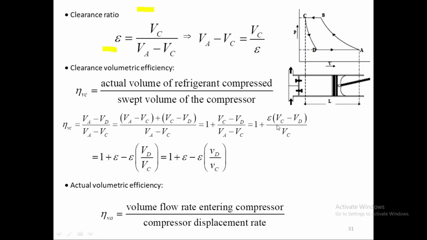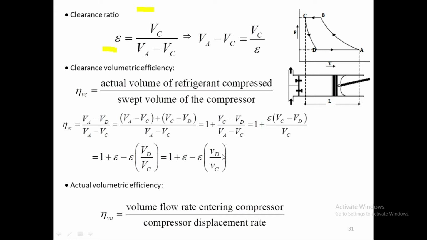We can do further simplification: it will be 1 plus epsilon, VC and VC will give you 1, minus VD upon VC, and this is simply from going from total volume to specific volume.